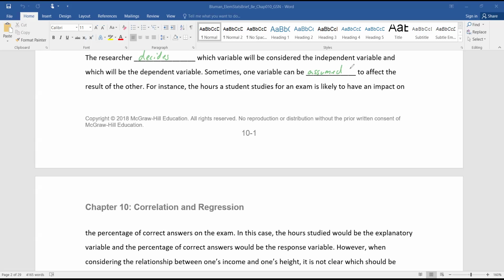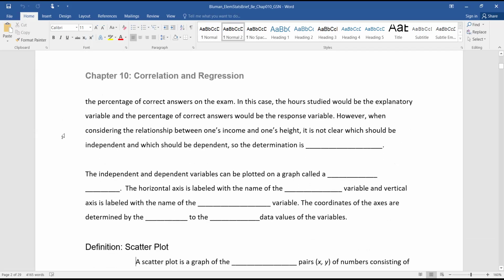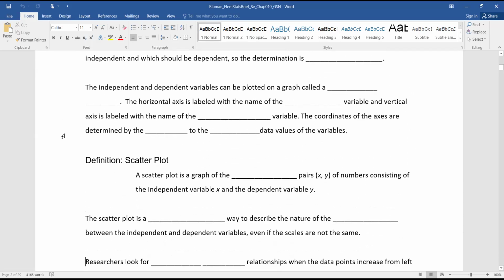In this case, the hours studied would be the explanatory variable, and the percentage of correct answers would be the response variable. However, when considering a relationship between one's income and one's height, it is not clear which should be independent and which should be dependent. So the determination is arbitrary.